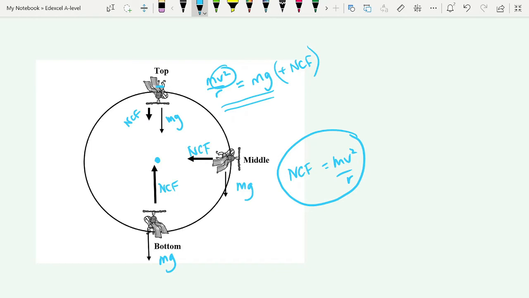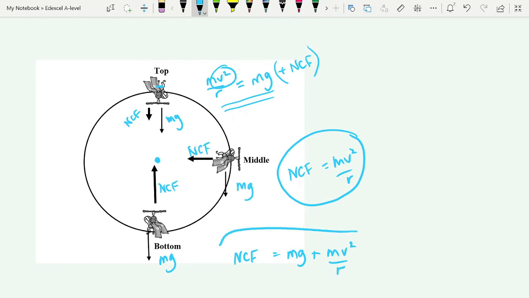However, as we know, the normal contact force has its day job. It also has to balance the weight of the person, because if it doesn't, then she's going to accelerate towards the center of the Earth. So in this situation, the normal contact force is going to be equal to mg, so it's doing its day job, plus it's keeping the object moving in a circle.